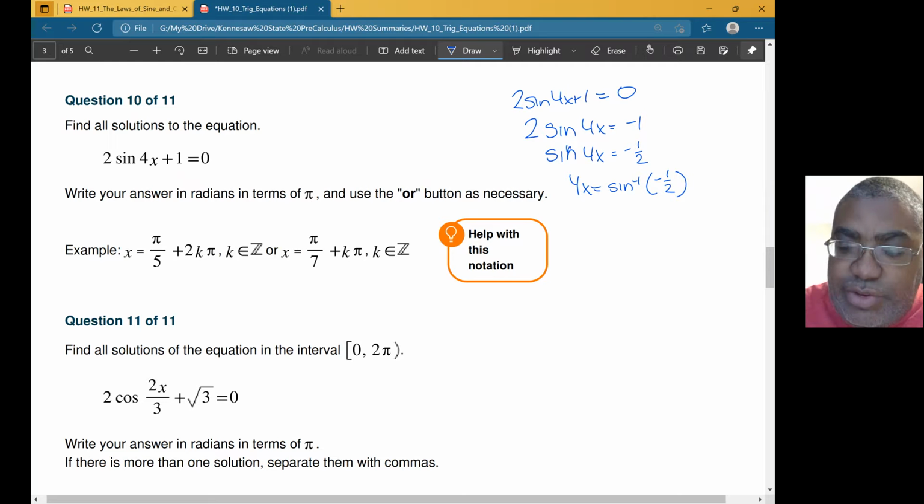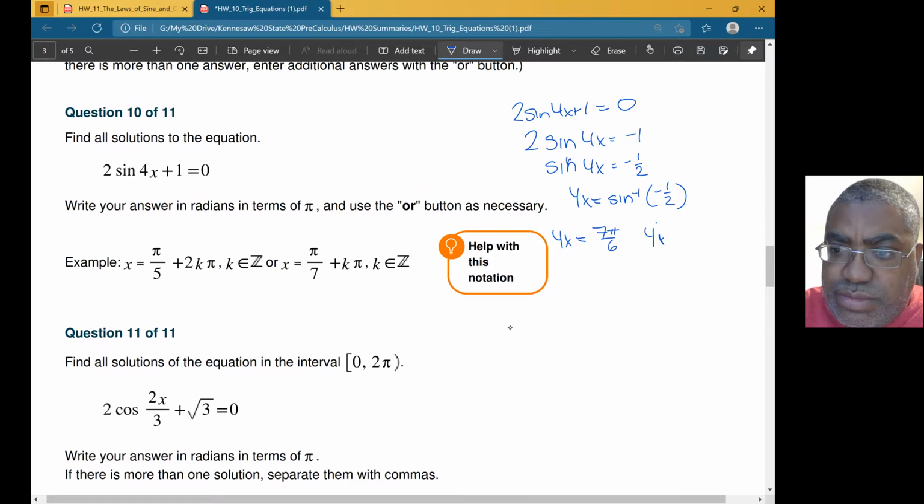All right, so I end up with 2 answers. So where does sine equal -1/2? 4x is equal to 7 pi over 6, and 4x is equal to 11 pi over 6. That means that x is equal to, divide both sides by 4, x is equal to 7 pi over 24, and x is equal to 11 pi over 24.